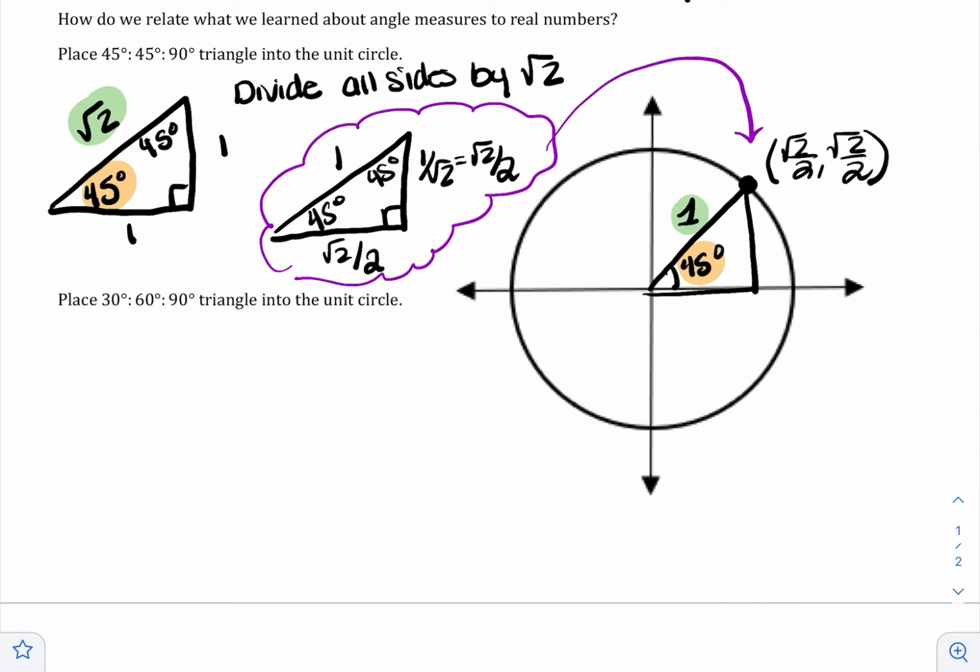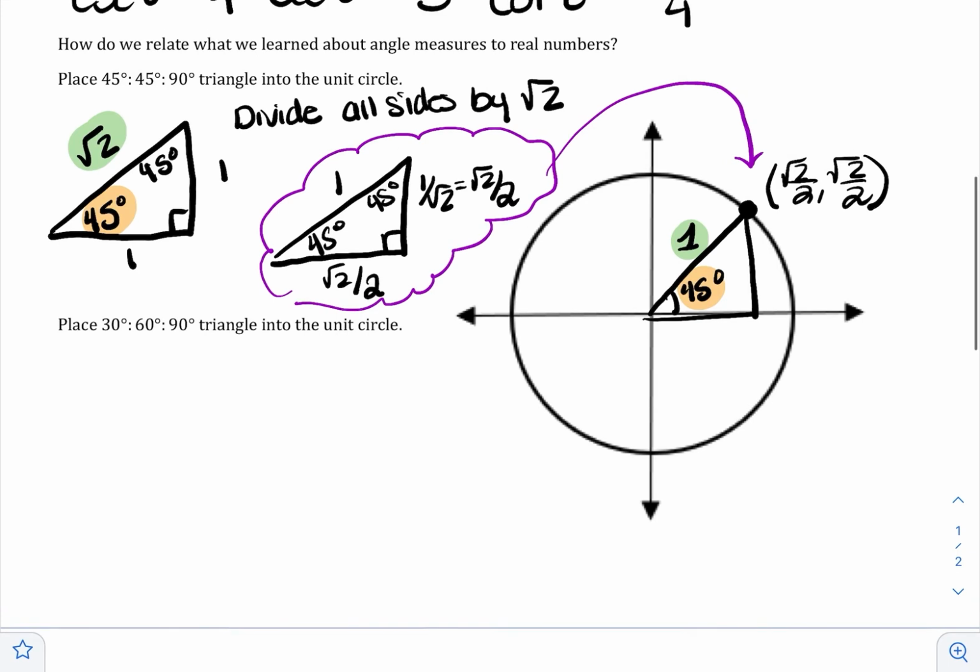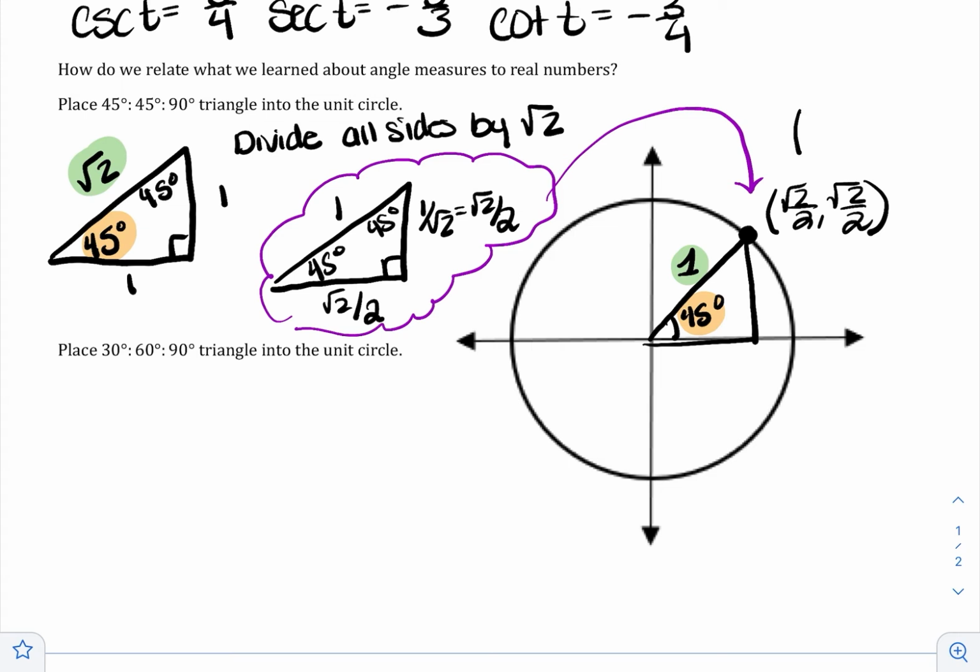So the point on the unit circle that matches with 45 degrees is radical 2 over 2, radical 2 over 2. And this makes a lot of sense because this is cosine of 45 degrees, and this is sine of 45 degrees. So it's perfect. So it's just another way of thinking about your trig functions and your golden angles.